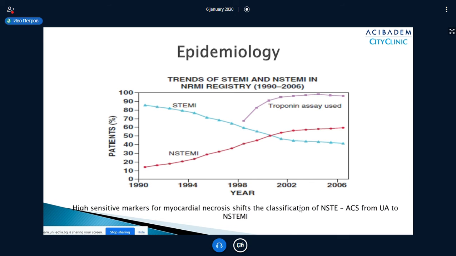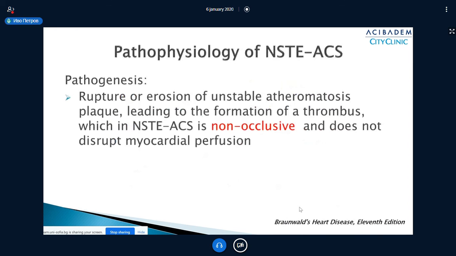So in case we prove myocardial necrosis with fine investigation, we are going to classify more patients as non-STEMI.